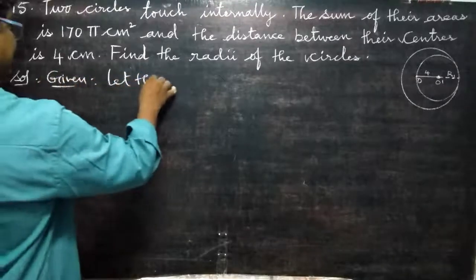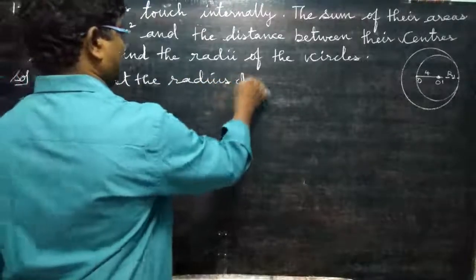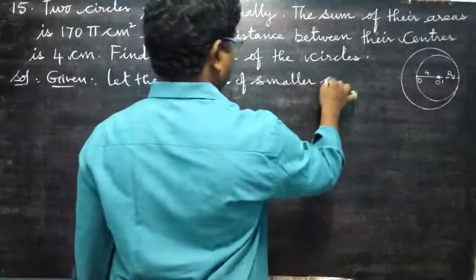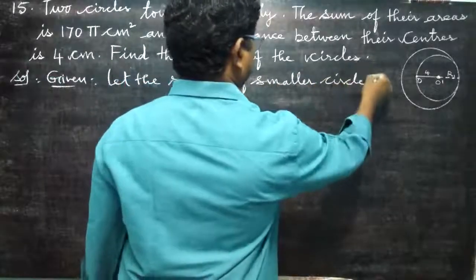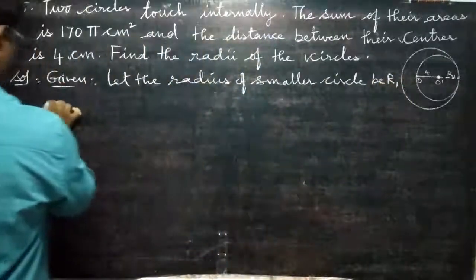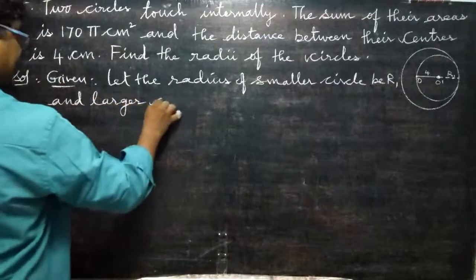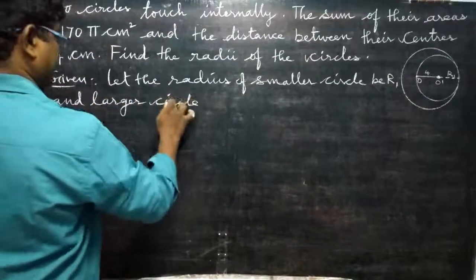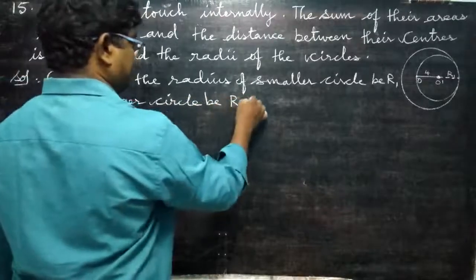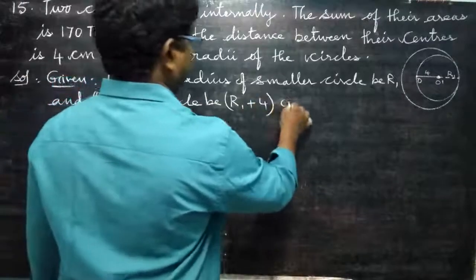Let the radius of the smaller circle be R1 and the larger circle be R1 plus 4 centimeters.